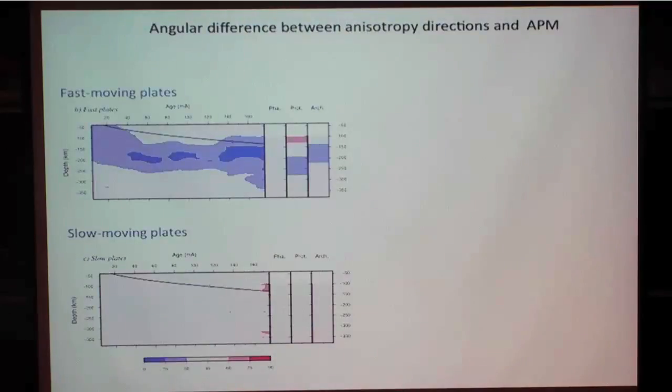Now, if we look at the angular difference between the anisotropy and the plate motion for fast-moving plates and slow-moving plates, we find for the fast-moving plates an asthenosphere layer where the anisotropy agrees quite well with the plate motion. We do not find it on average for the slow plates.